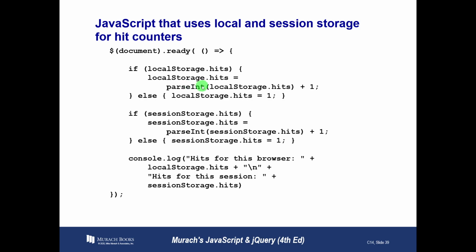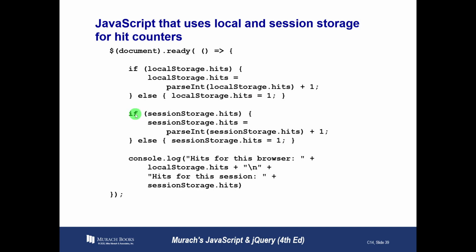So we're just adding 1. Every time this runs, we're going to add 1 to this hit counter to tell us how many times our page has been hit, how many times somebody has been to our page. If localStorage.hits did not exist, it's going to run the else here, and it's just going to create localStorage.hits and set it equal to 1.